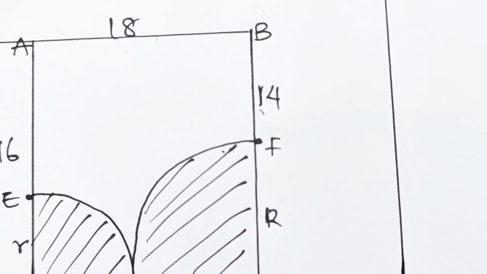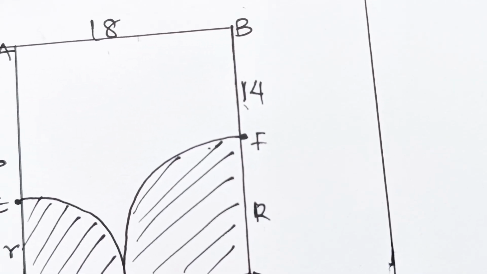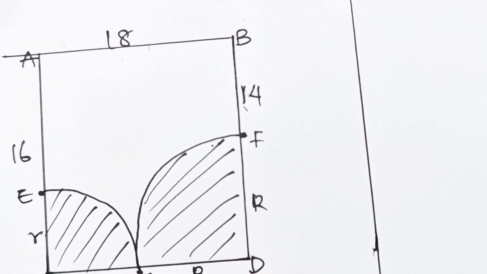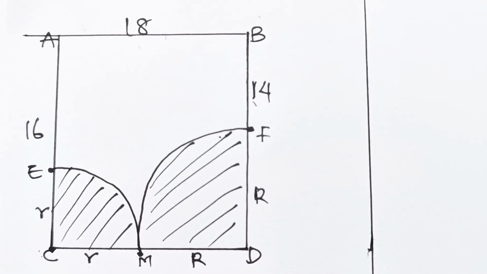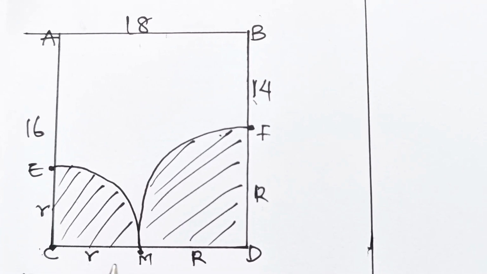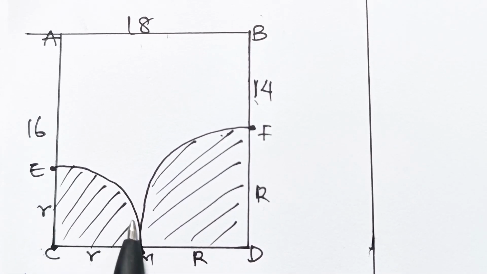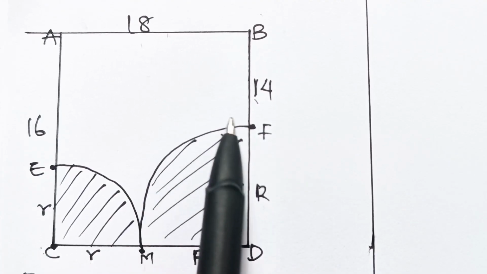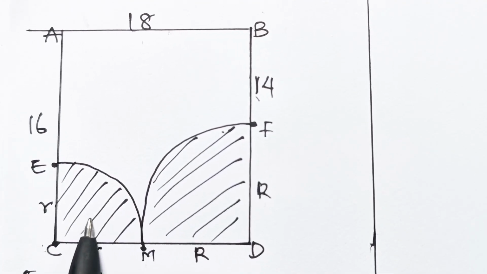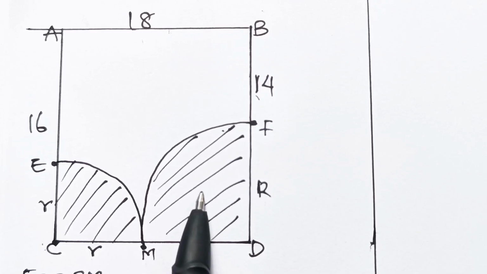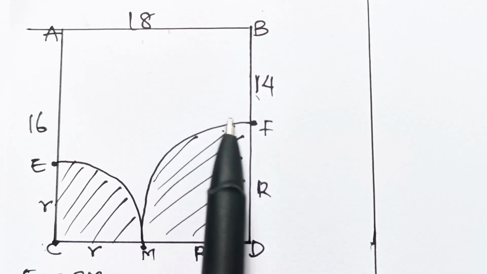So like I said, I will explain. Let me zoom this out. If you look at this diagram now, you are going to notice that, like I said, this is a quadrant and this is a quadrant. And the area of this small quadrant plus the area of the big quadrant will give us the area of the shaded portion.